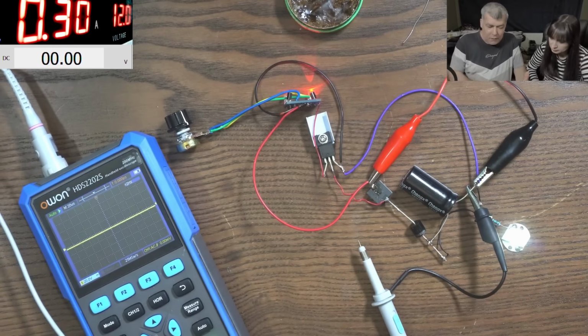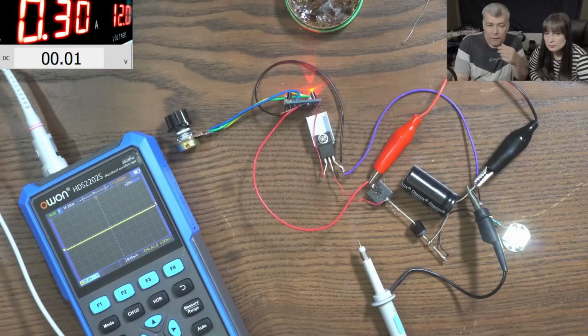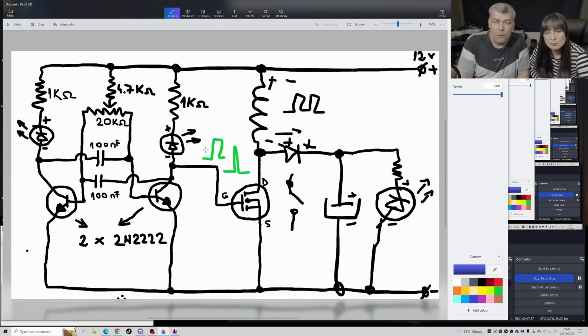Based on this, theoretically, your signal will not be square. It will be something like that.